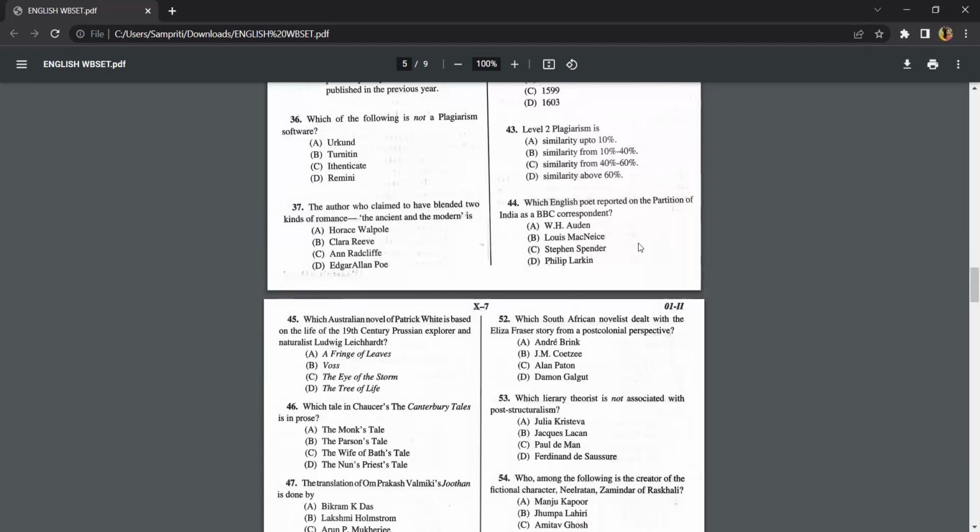There is a short film called The Bloody Line, which depicts that time, that incident. And W.H. Auden wrote a very attacking, satirical poem on Cyril Radcliffe. I will paste the link of the short film in the description box and you can take a look at it. It's a very poignant and very true account.